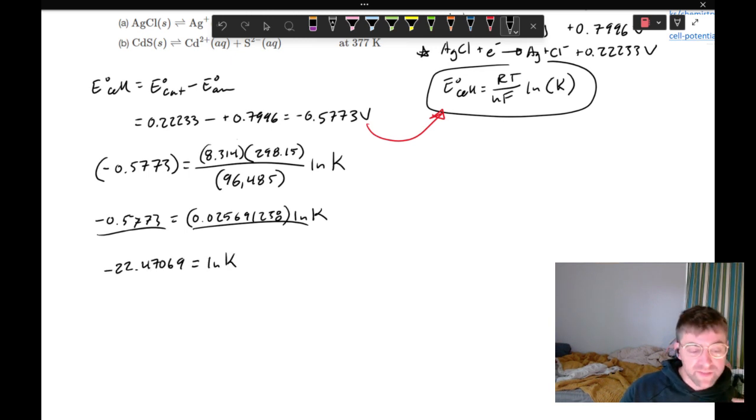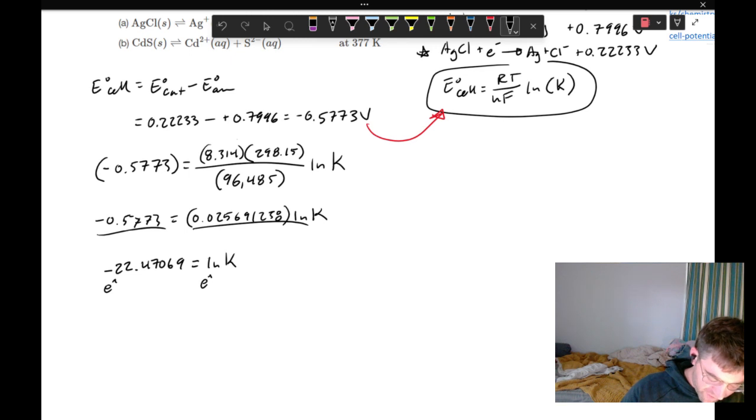To get rid of the natural log, we raise e to that number. So on your calculator, on your TI-84, you hit second ln and then the number you want to get rid of.